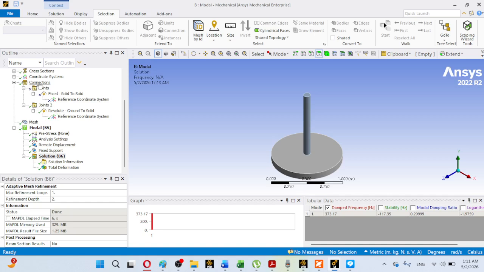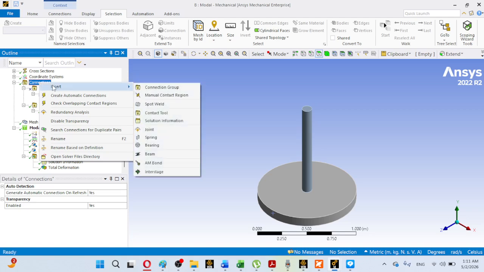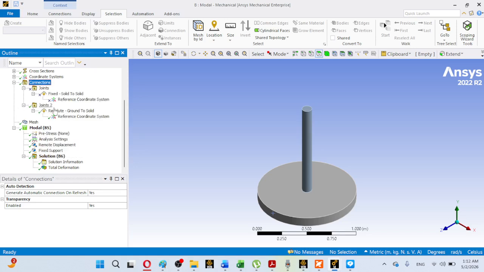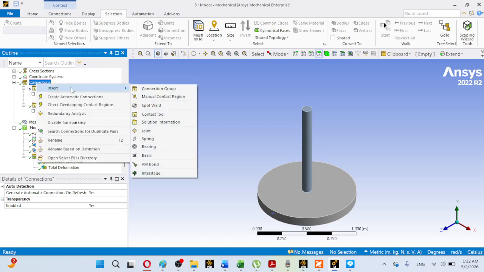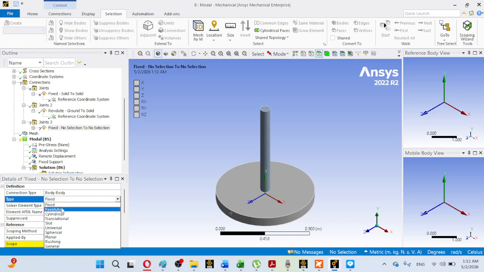So you will be clicking on the connections as previously you have been doing. Click on insert and click on joint, and in the joint you will be selecting revolute from here.